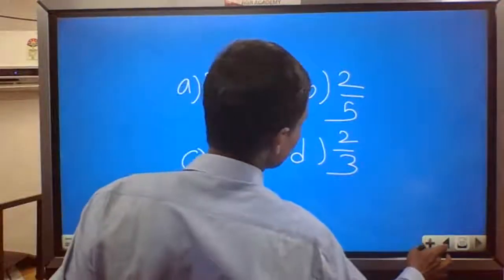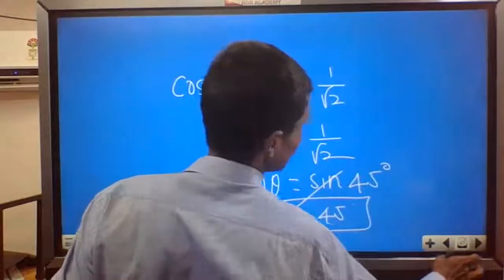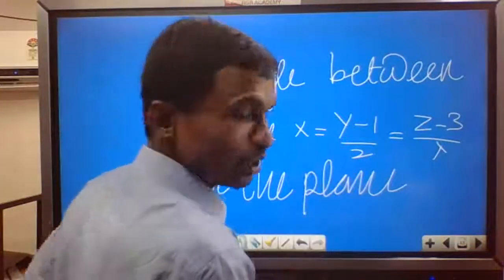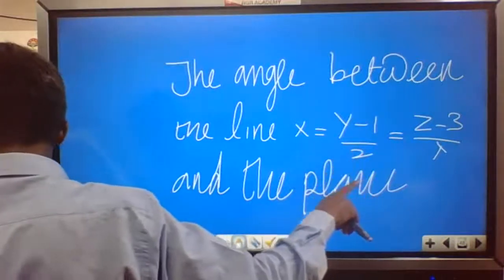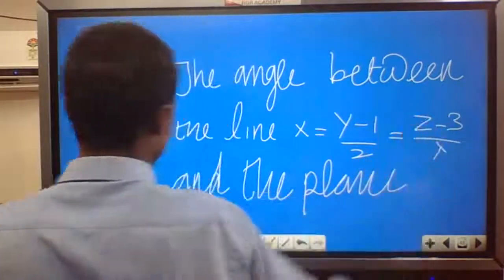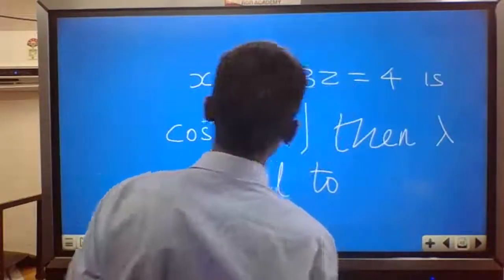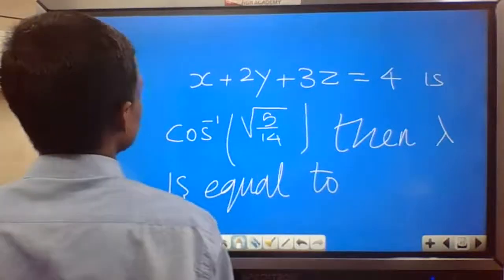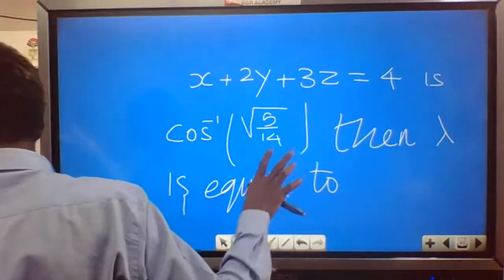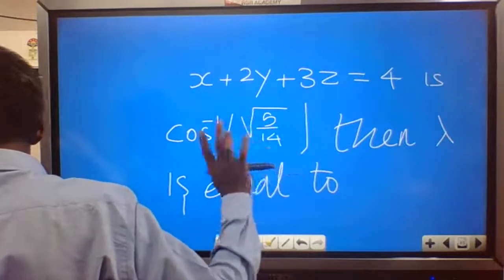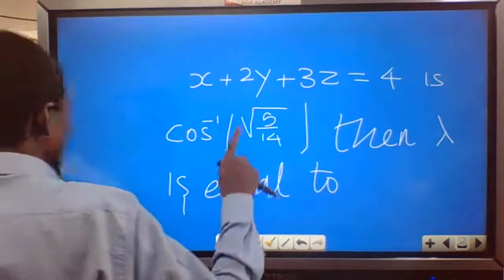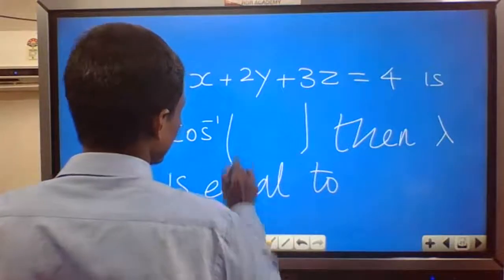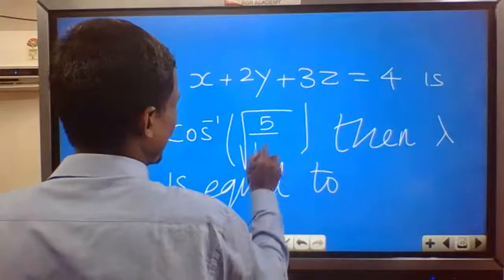Once again, the angle between the line x equal to (y minus 1) divided by 2 equal to (z minus 3) divided by lambda, and the plane x plus 2y plus 3z equal to 4, the cos inverse of root of 5 divided by 14.